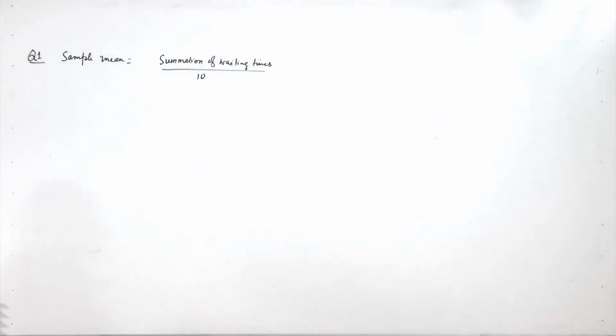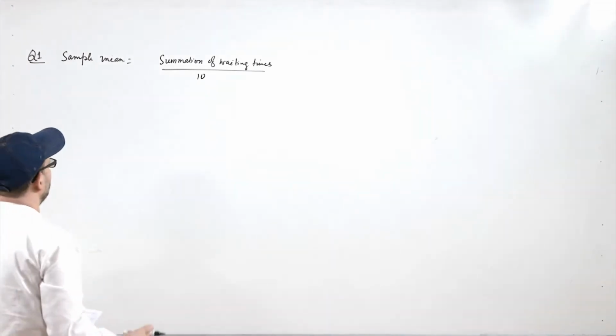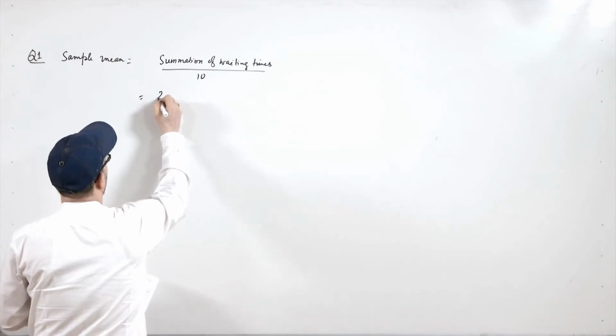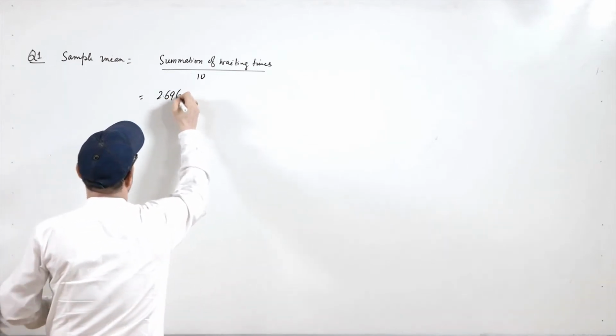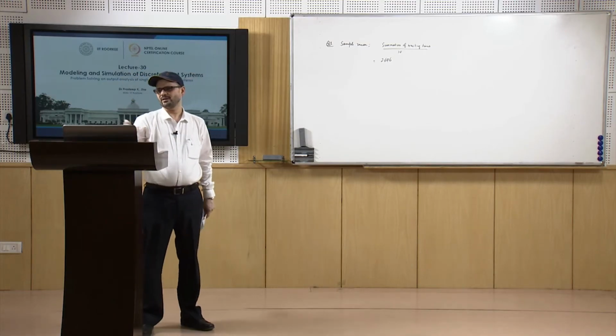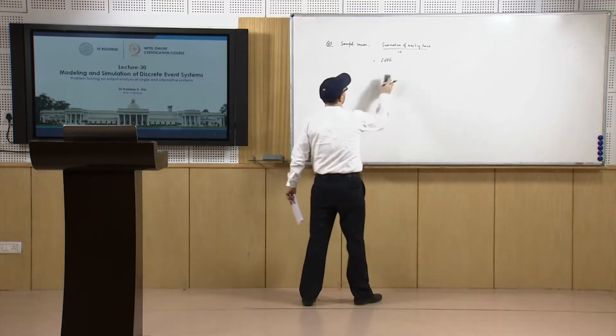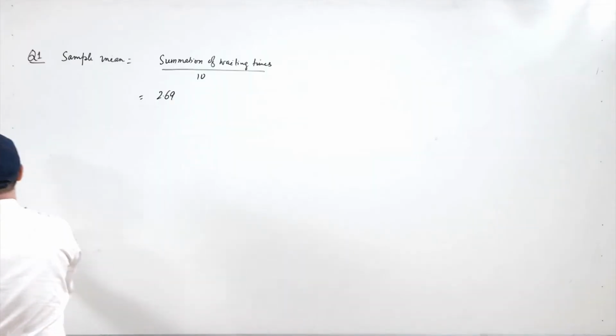Once we add all of them and divide by 10, we get 2.696. You can do the exercise. If you add all of them, you are going to get this number. Basically, we should have only 2.69, because we have only 2 significant digits.